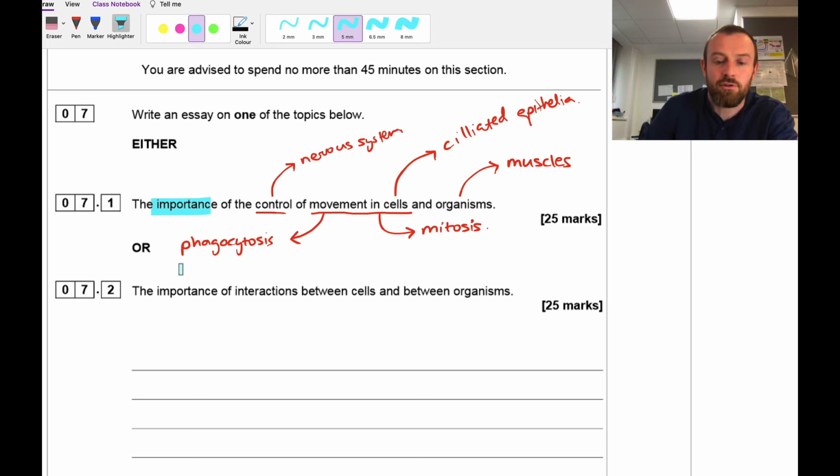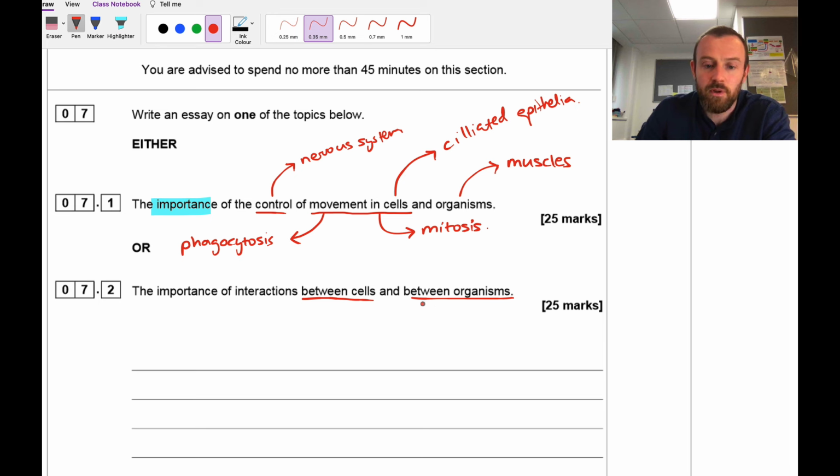The importance of interactions between cells and between organisms. So let's go between cells first. Okay, the immune system. There are so many interactions in the immune system. We're talking about T helper cells, B cells, T killer cells, antigen presentation. There's loads of cell-cell interactions there.